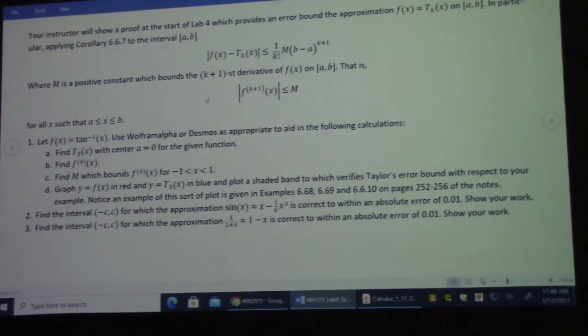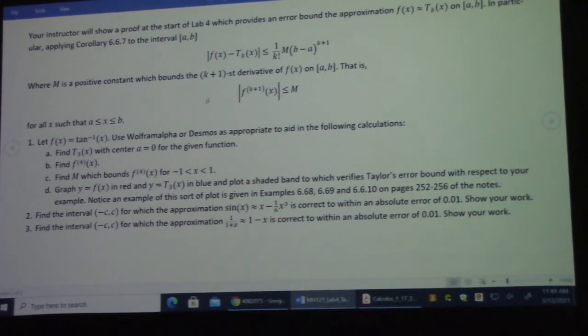And then we're going to try to recreate that kind of picture that we looked at in the notes a second ago. And so that's part 1. Part 2 is you're going to be trying to figure out what interval minus c to c is this approximation correct to within an absolute error of 0.01. And then same thing for here, but the function's 1 over 1 minus x.